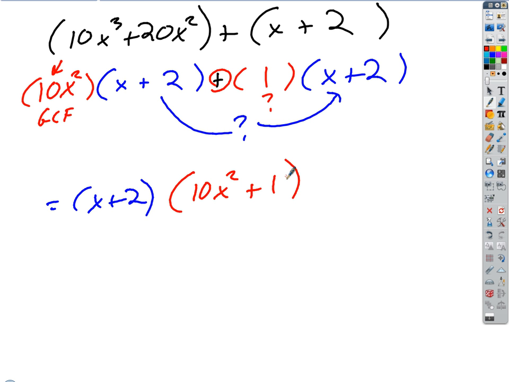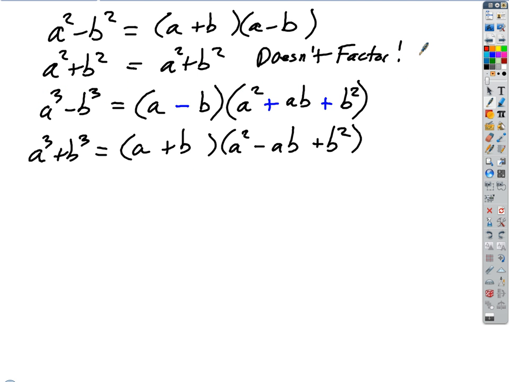We can't, can we? The only possible pattern that could fit is a sum of 2 terms, right? And we always want to look at the variable. So we have an x squared here and no x here, so it would have to fit a sum of squares, but remember, there's no such pattern. So it can't factor. It's impossible.